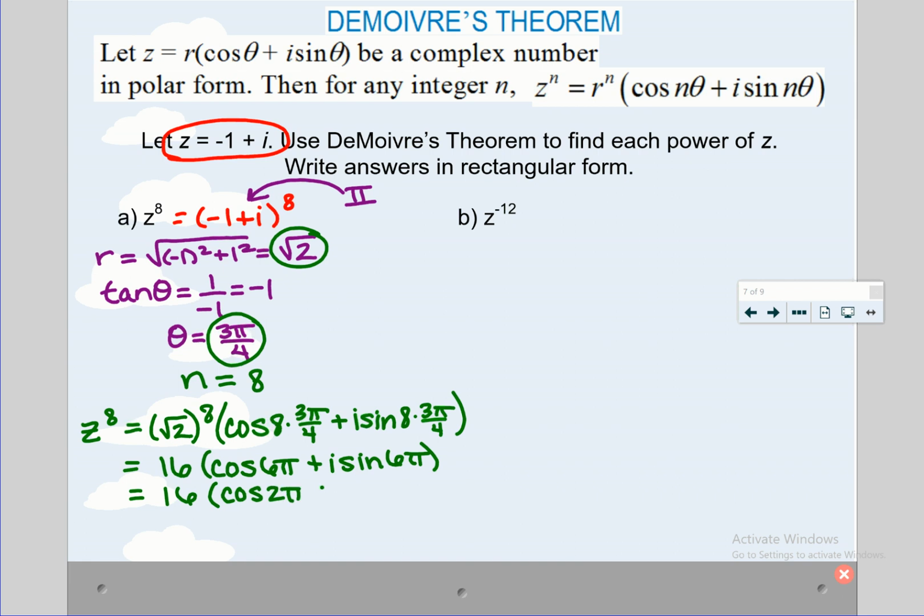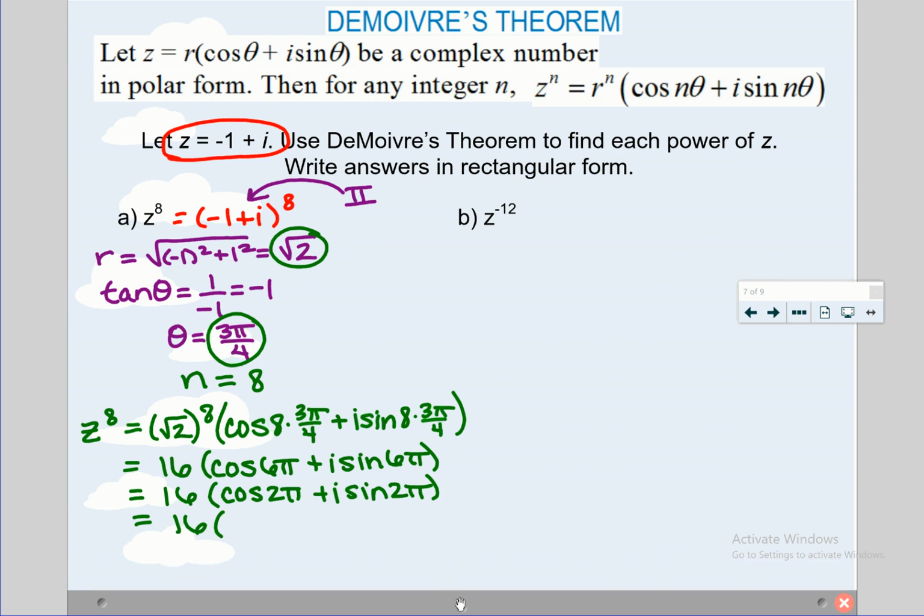That's the coterminal angle. Now you can just think about unit circle stuff. What is the cosine of 2 pi? It is 1. What is the sine of 2 pi? 0i. So your final answer for this complex number taken to the 8th power is, you can either say 16 plus 0i, or you can just say 16.